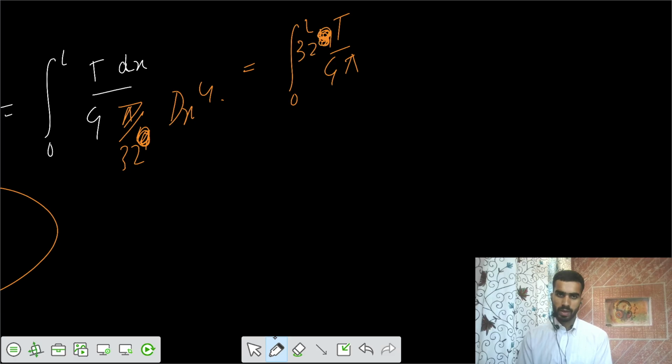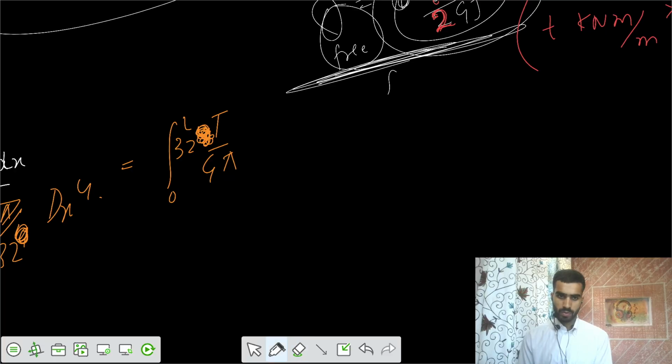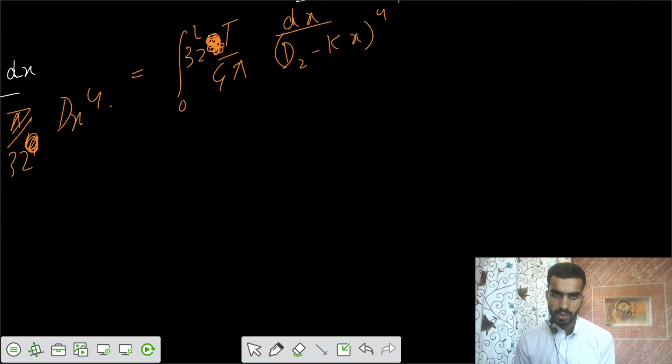This is 32, because we have the polar moment of inertia. So 32 T by pi G, and you have that dx also. You substitute the value of D at x, that's 1 by (D2 minus kx) power 4, and you integrate it. So the equation becomes this one.